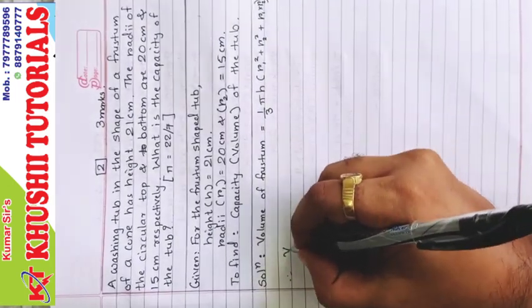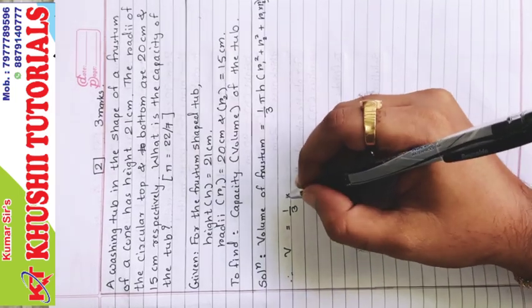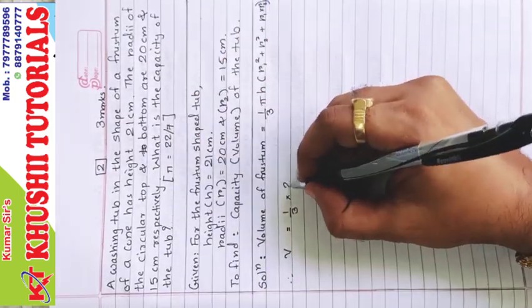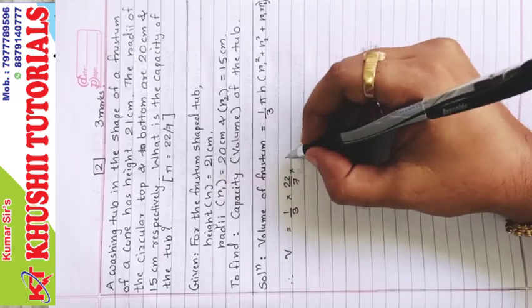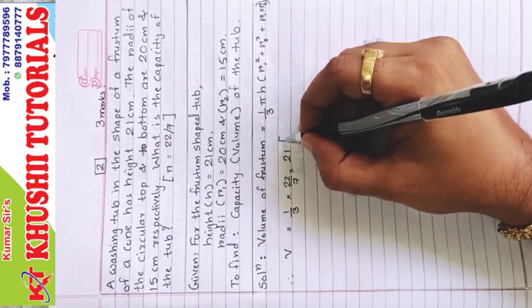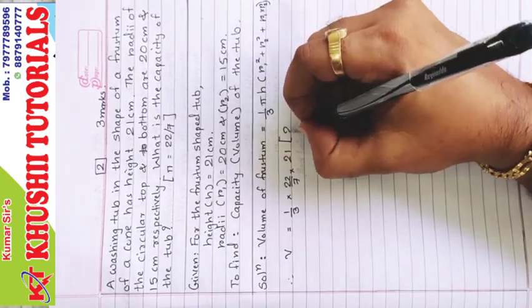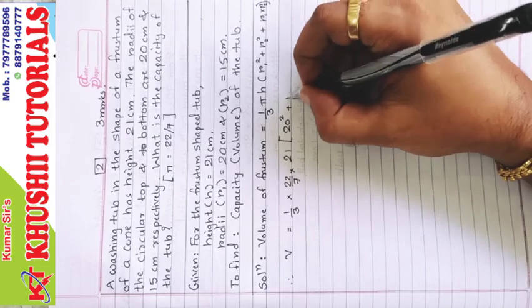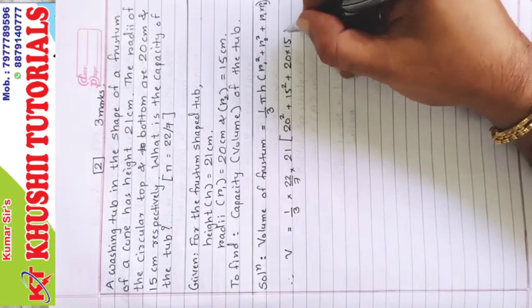Volume of frustum will assume to be V, 1 upon 3. Value of pi is given 22/7, so we will take 22/7. Height is also given 21. Bracket R1 is 20 square, R2 is 15 square, and 20 into 15.